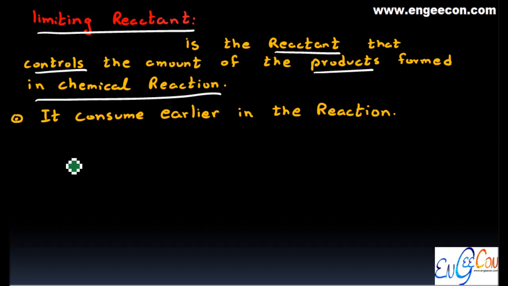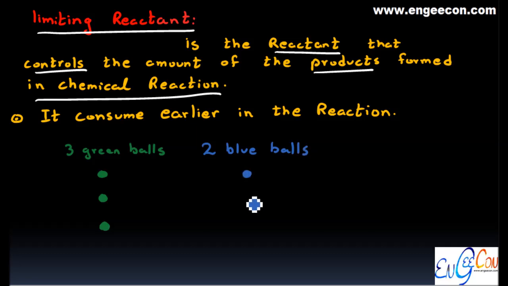For example, we have 3 green balls as 1, 2, 3, and we have 2 blue balls as 1, 2, and we want a pair of blue and green ball.